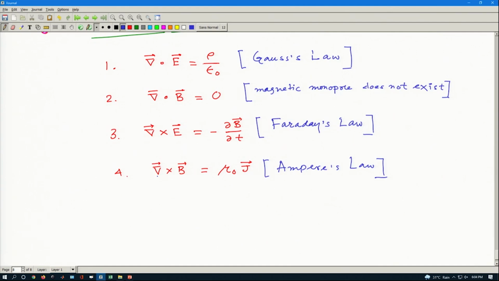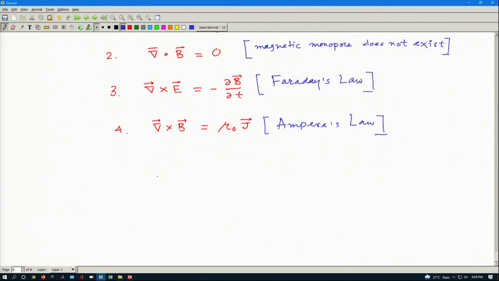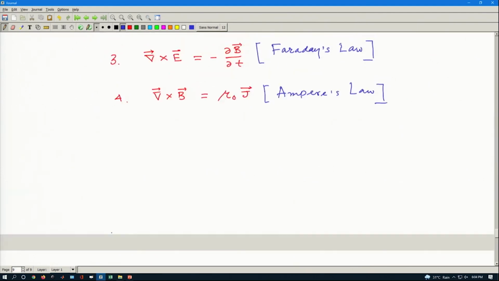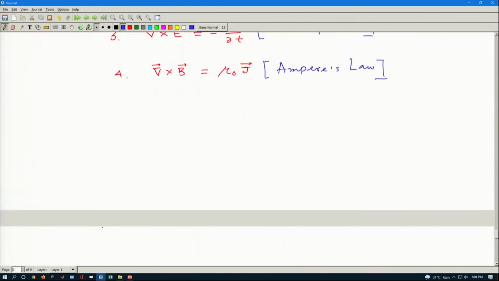So, now we will check a few things. After having these equations, the four equations are in my hand, so we can check a few things. First, from equation 3, what we get?